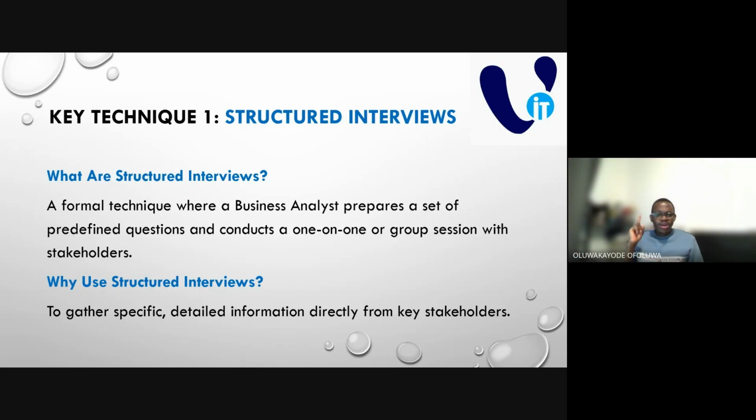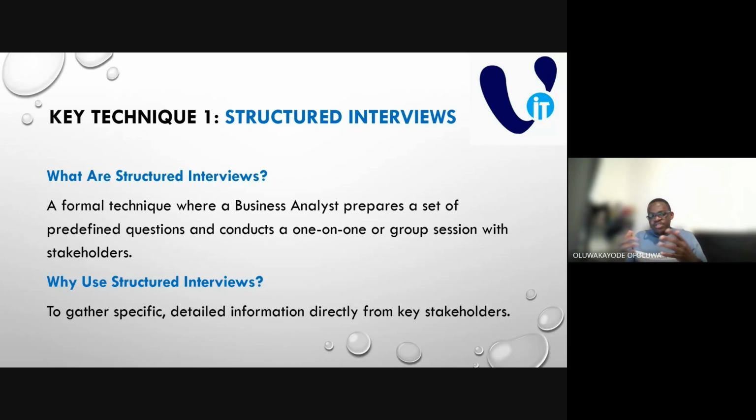Take note of the words predefined questions, and conducts a one-on-one or group session with stakeholders. So in an interview, this is where you have one-to-one conversations with a stakeholder. You have your prepared questions, your predefined questions, which you get from document analysis, which we're still going to look at later on in this session.